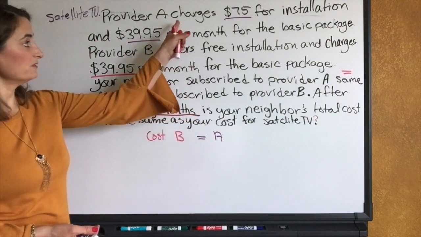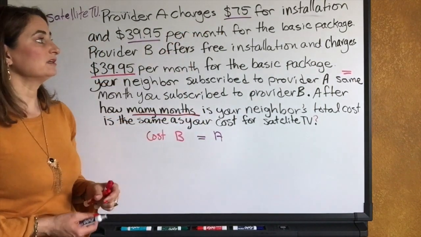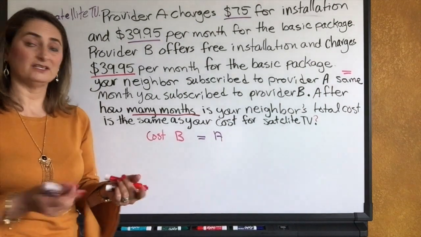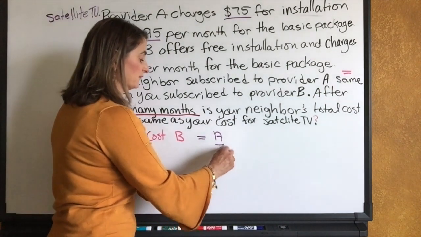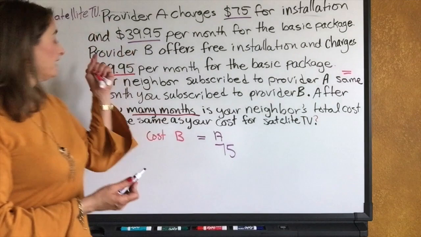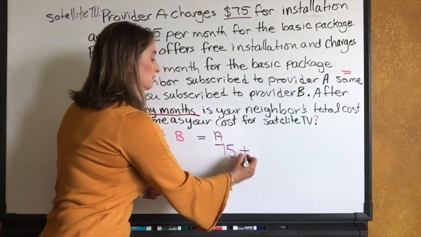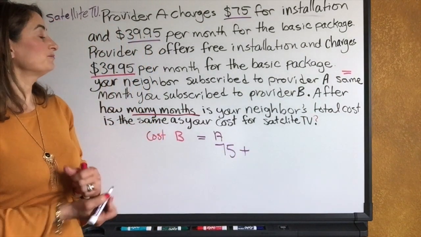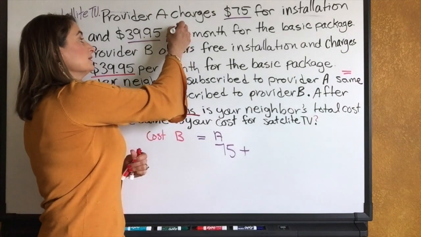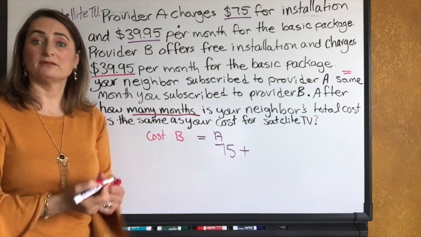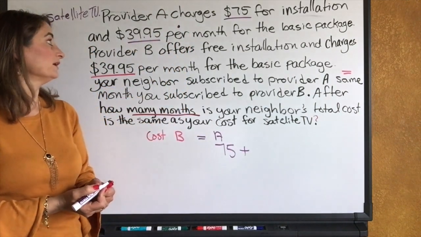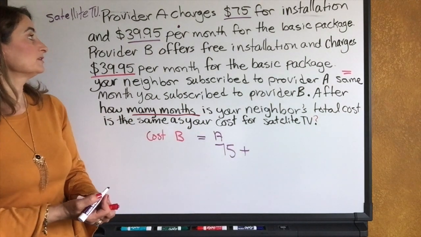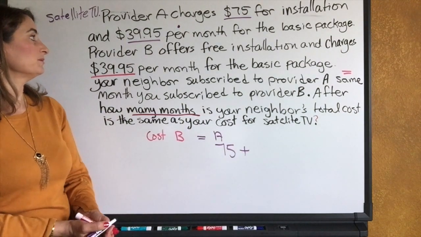Company A, which is the first one, charges $75 for installation. That's a flat fee. So there's $75. And means plus $39.95 per month. The word per means times, every month. So in 1 month they pay $39.95. In another month you multiply it by 2. 3 months you multiply it by 3.